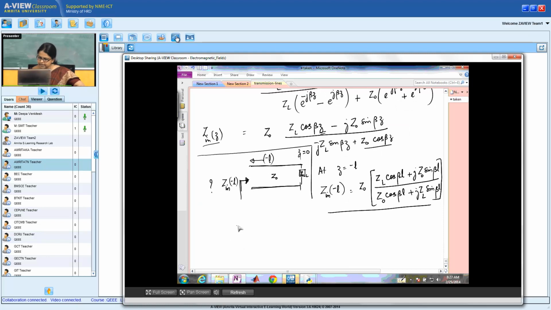I can actually simplify this and say the input impedance at minus L is Z naught times, dividing throughout by cos beta L, (ZL plus j Z naught tan beta L) divided by (Z naught plus j ZL tan beta L).